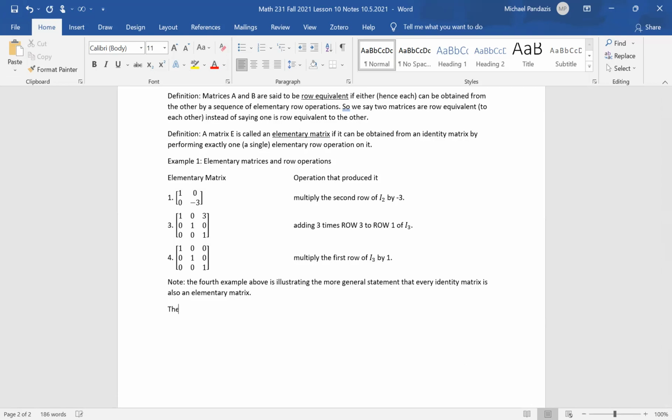The next theorem is theorem 1.5.1. The title of it is row operations by matrix multiplication.